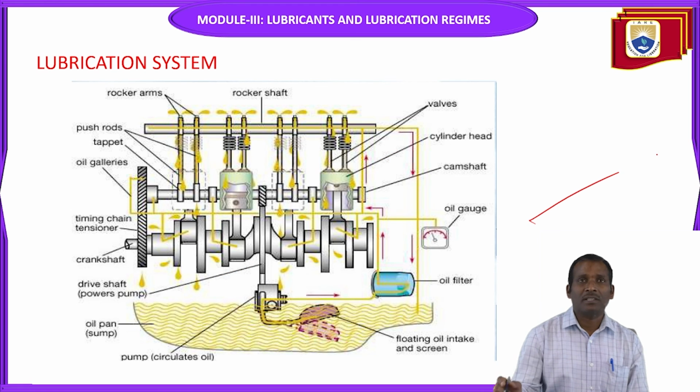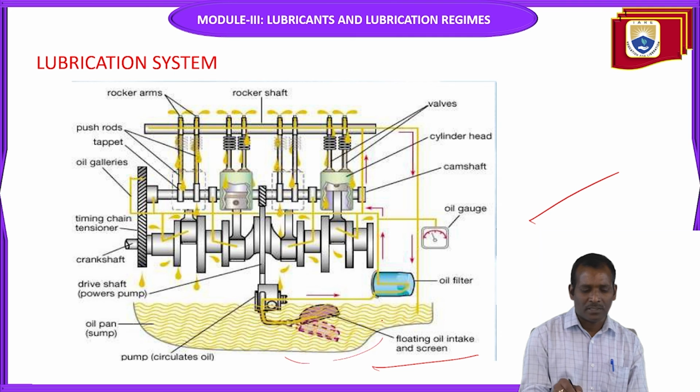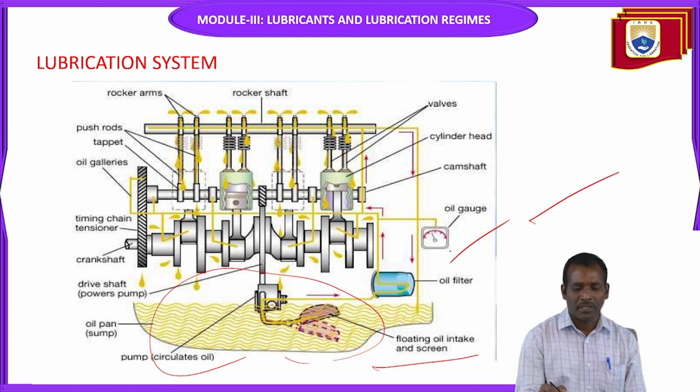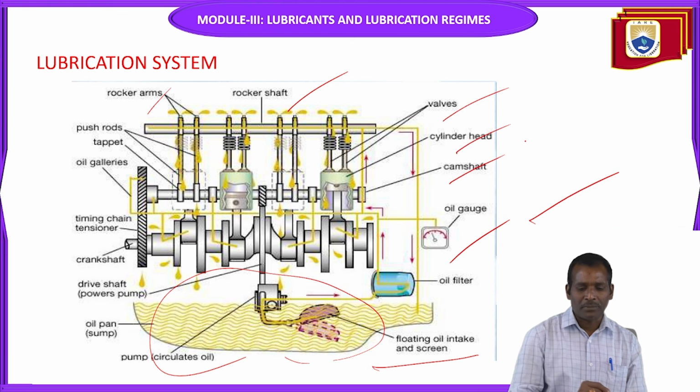See here, a lubrication system is shown in the figure. This is an engine. In this engine, there is the floating oil intake and screen. This is the lubrication oil sump, the oil pond. From this sump, the oil is supplied to various parts of the machine. Here the pressure measuring gauge is already there. Here is the oil gauge, and these are the parts of the engine: rocker arm, rocker shaft, valve, cylinder head, camshaft.